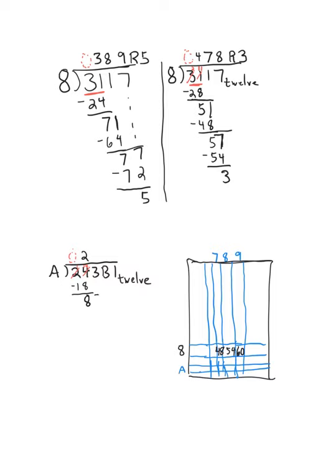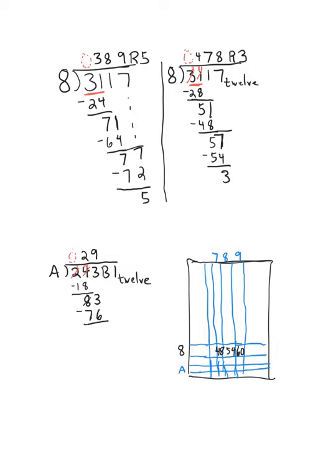Bring down our 3. Okay, 8 goes into A3. Looking at my times table sheet, it goes in 9 times. It almost goes in 10 times, but not quite. So 9 times A is 7, 6.